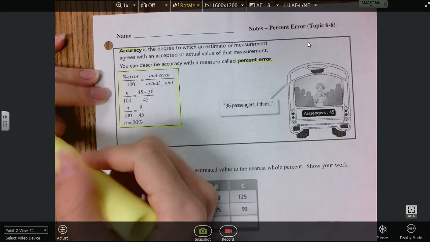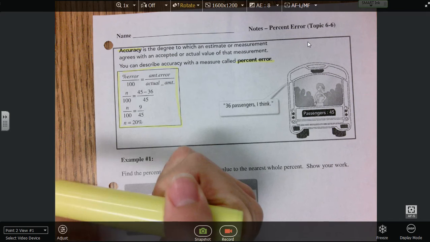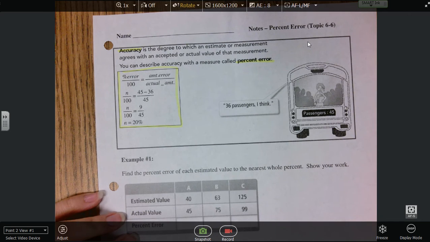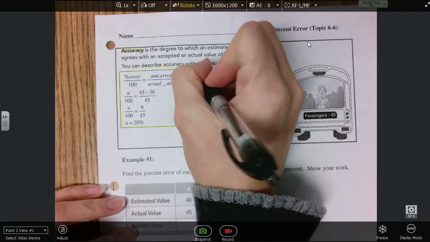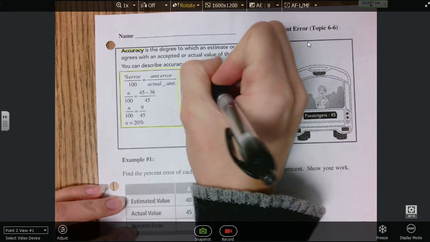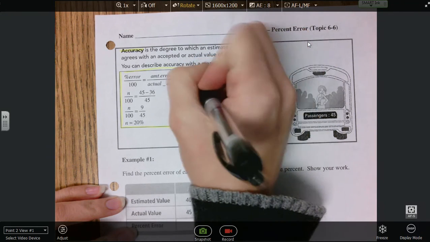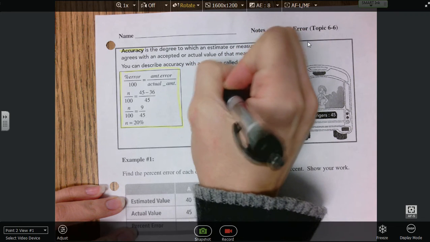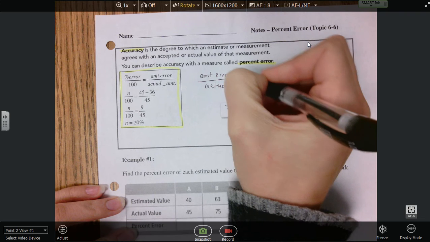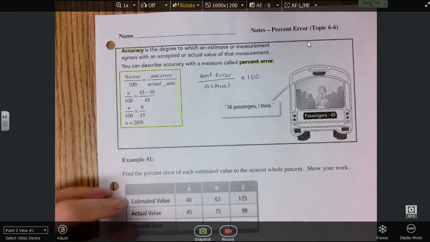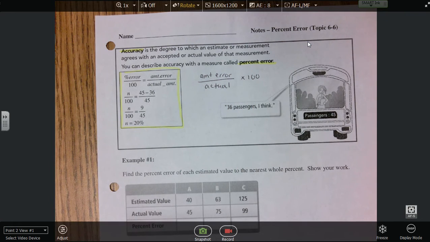This is extremely similar to when we talked about amount of change or amount of decrease or increase, where you also could solve the problem by saying the amount of error divided by the actual, figure out that answer as a decimal, and then multiply that decimal by 100, and that would also give you the percent. You really end up doing the same amount of work either way, so one's not really better than the other.